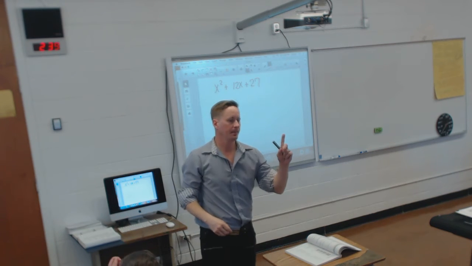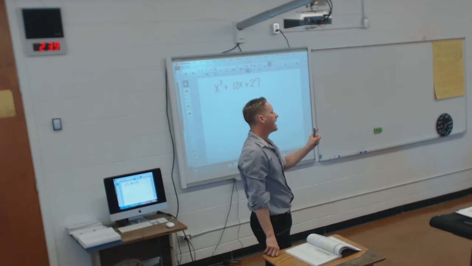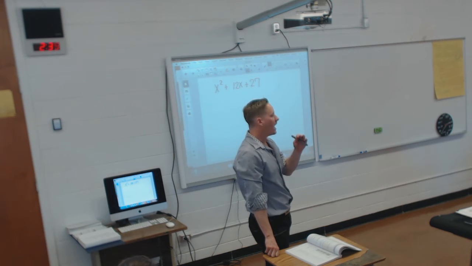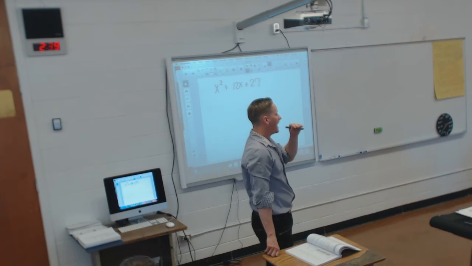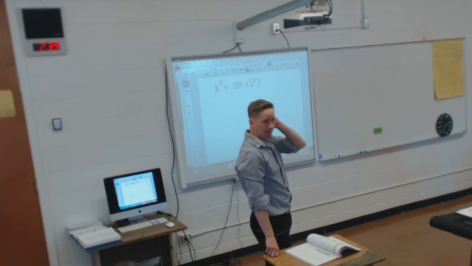So I'm going to take this exact same question, and I'm going to explain how to do this. Step 1. Find the factors of the last value. So we would list those up. And of those factors, they have to add to give you the middle term. Okay? Does everybody understand what I said there?